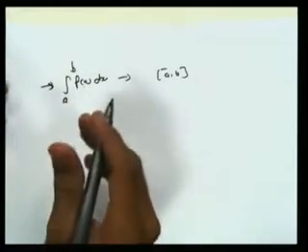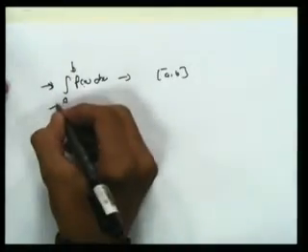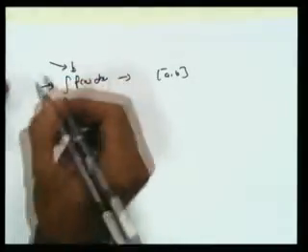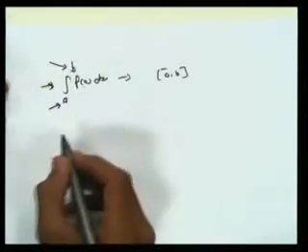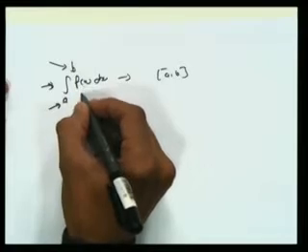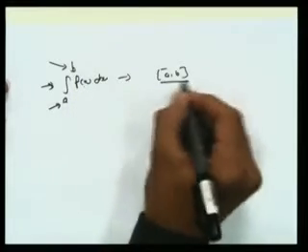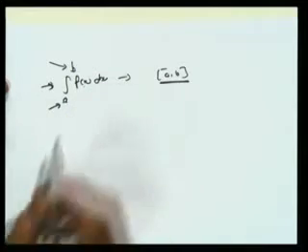But if we think about a different situation, means if a or b are infinite numbers as well as function f of x is discontinuous inside this interval a b, then this integral becomes improper integration.